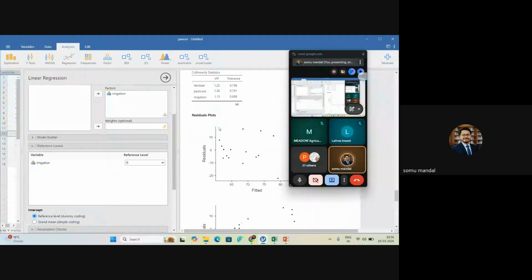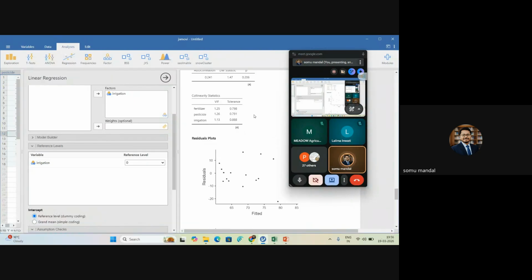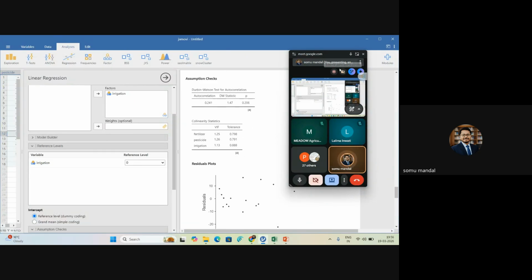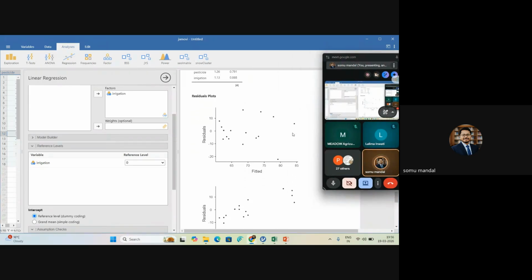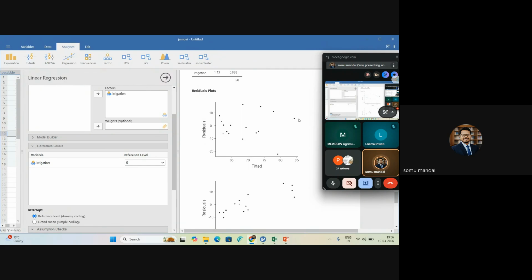Homoscedasticity analysis is another assumption. What is meant by homoscedasticity and heteroscedasticity? Look at the residual plot here. If there is a pattern, that means heteroscedasticity. Suppose the value is 65, what is the residual value? The value is 70, what is the residual value? 75, residual value. What is a residual value?